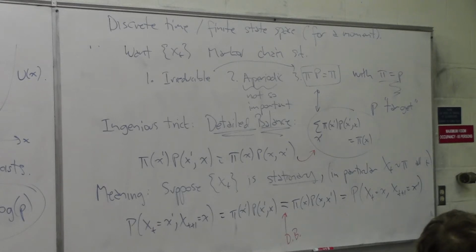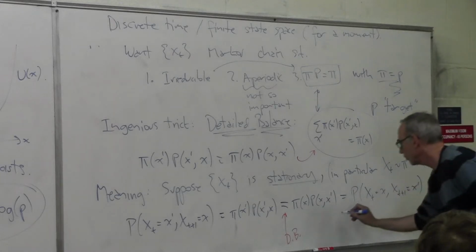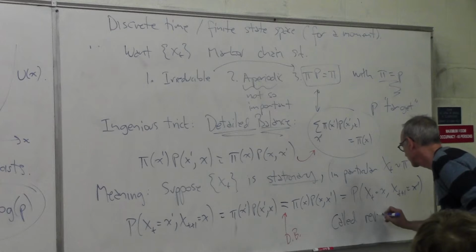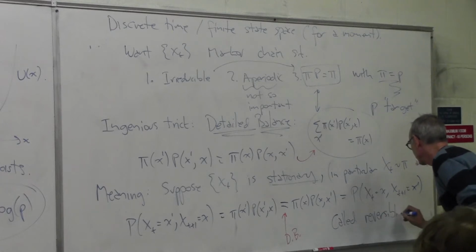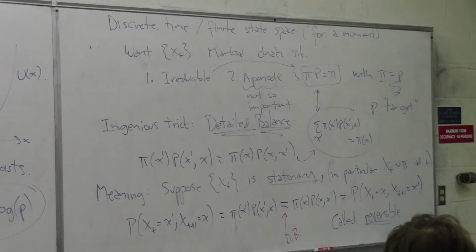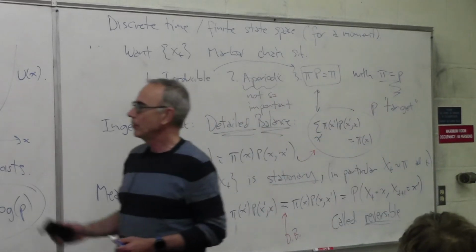Is it the same as like the Markov chain being reversible? Reversible. So this is called reversibility. I can reverse time, and the process is identical. And that's a very, very strong condition. So this is reversible.